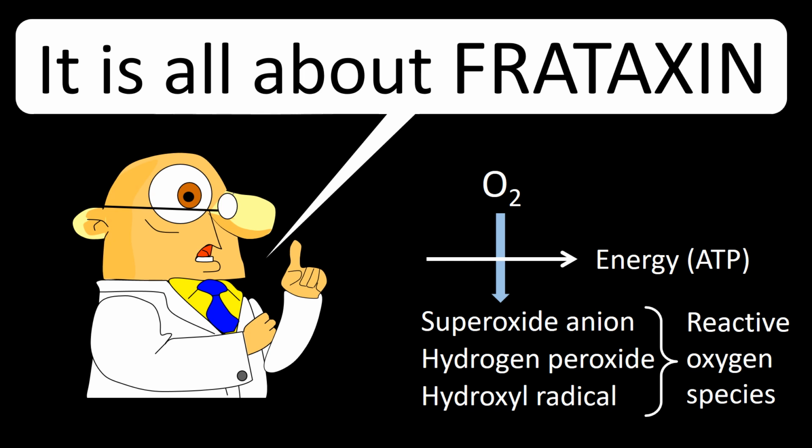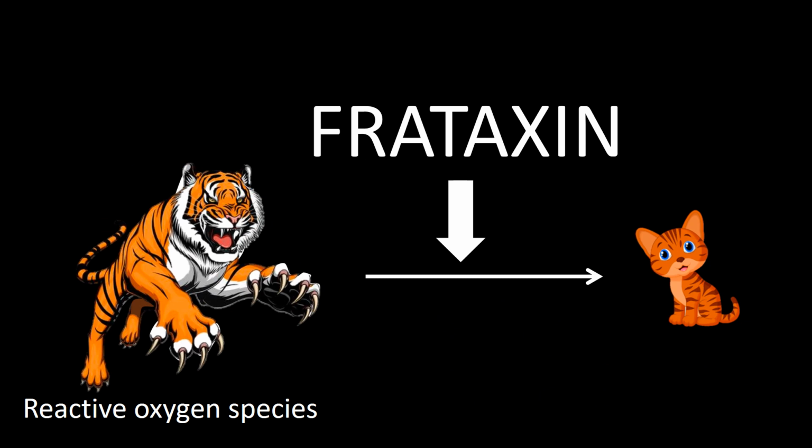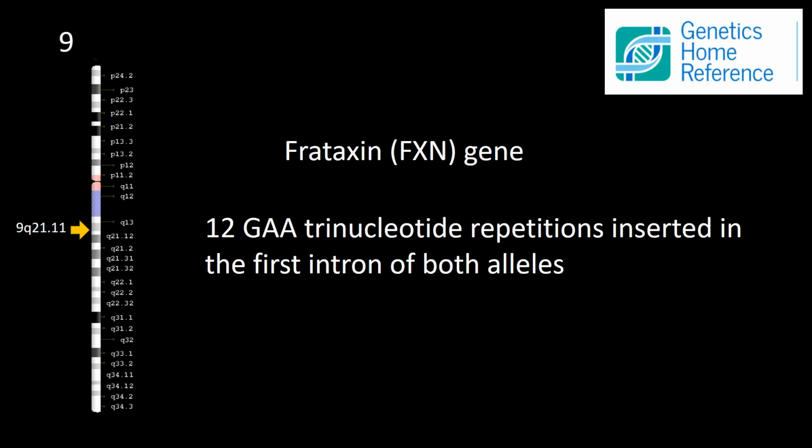These reactive oxygen species, if not disposed of rapidly and efficiently, harm the mitochondria. The job of frataxin is to turn reactive oxygen species into harmless particles. Normally, frataxin is produced by the FXN gene on the chromosome 9 q21.11 locus.